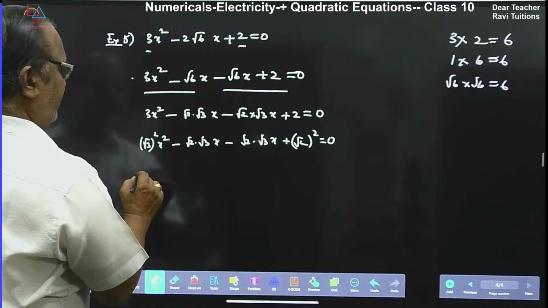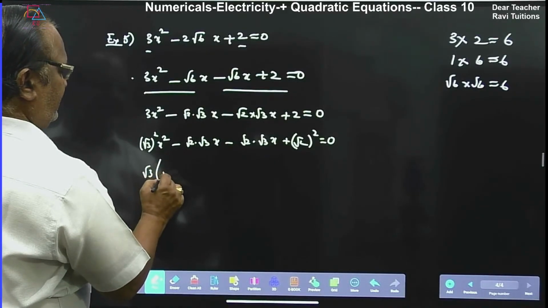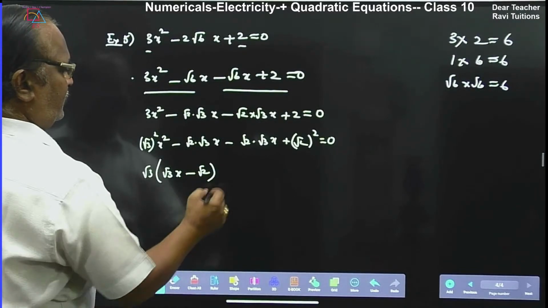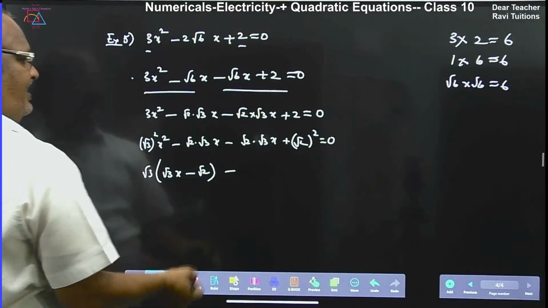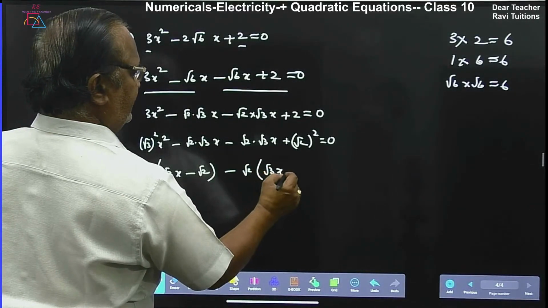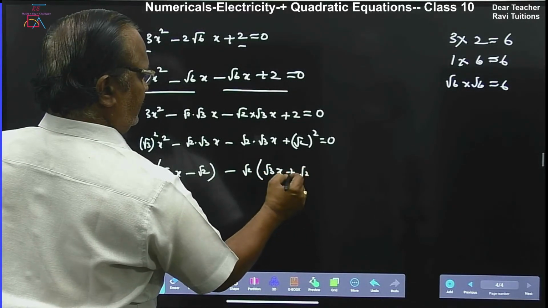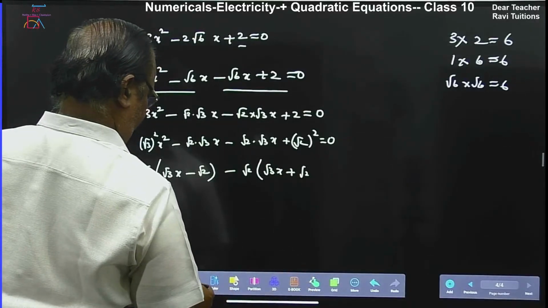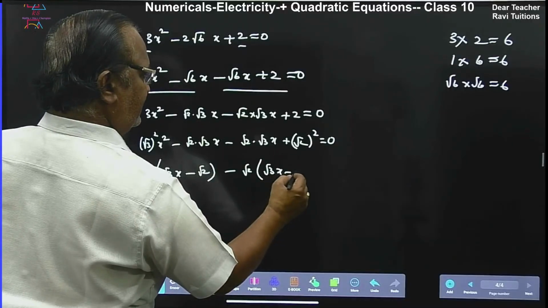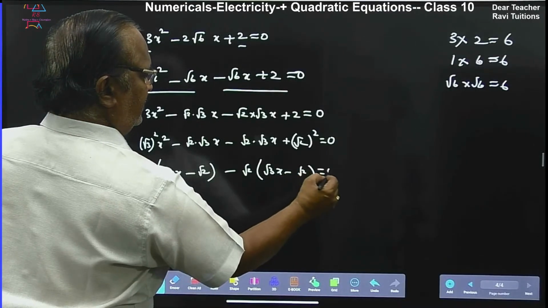So then what happened? I will take root 3 common, root 3 x minus root 2, minus root 2 I will take common, root 3 x minus root 2 is equal to 0.